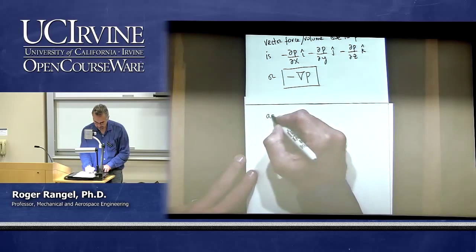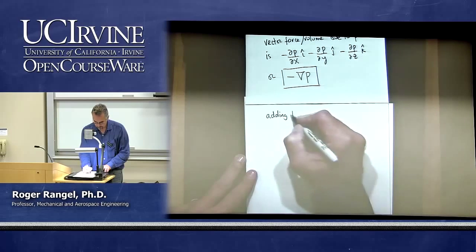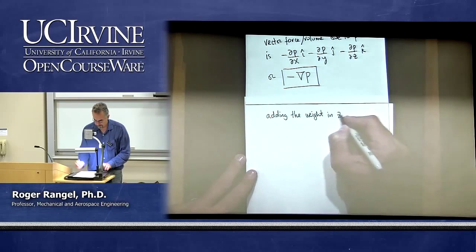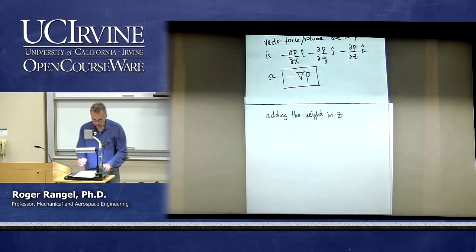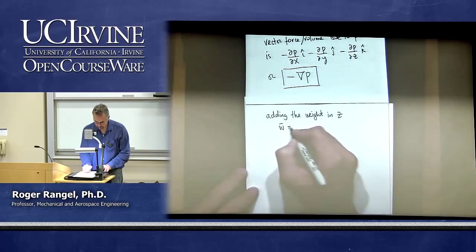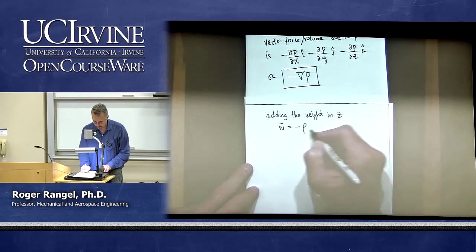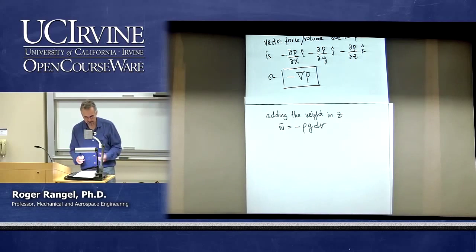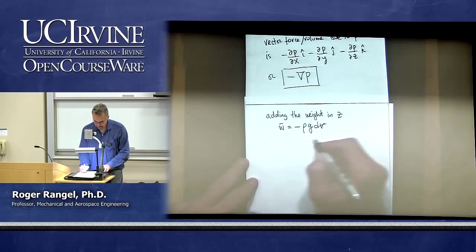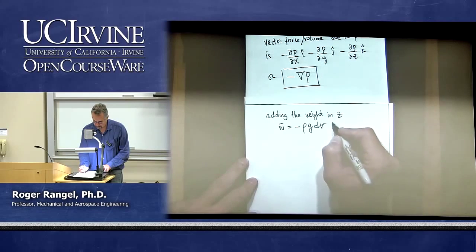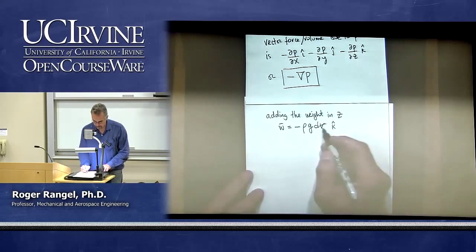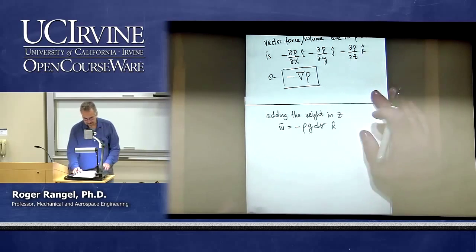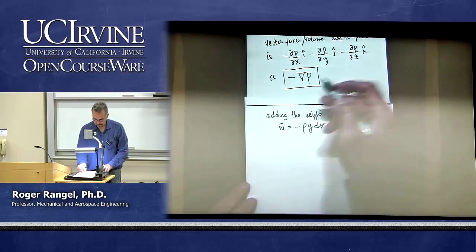So adding the weight in z, the weight as a vector is negative rho g dV, the volume of the element. If we do the weight per unit volume, and this is of course the k direction, then it's just minus rho g k. So all we need to do is add in the k direction the value of the weight.